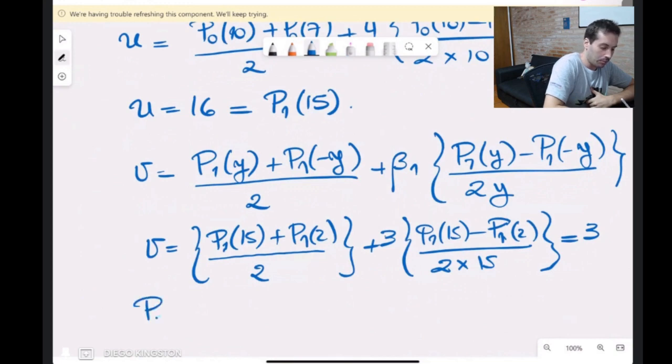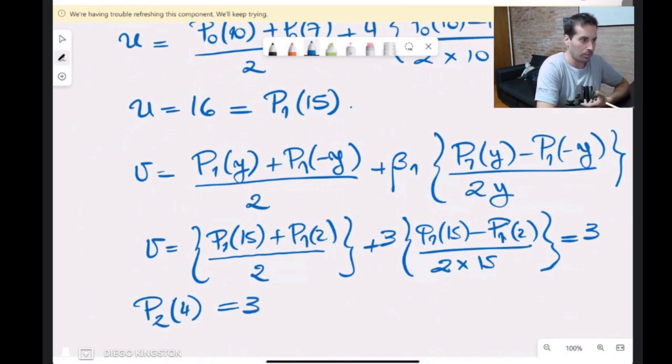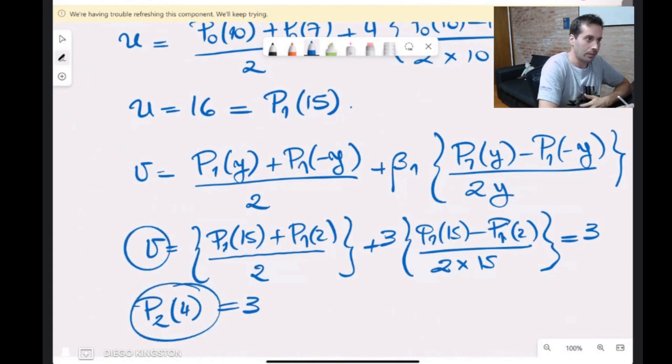But we also had that P2 evaluated at 4 is 3. This is easy because it is a constant polynomial. And so this value matches this other value. So for this particular choice of the verifier, we show that all the FRI layers are correctly linked.